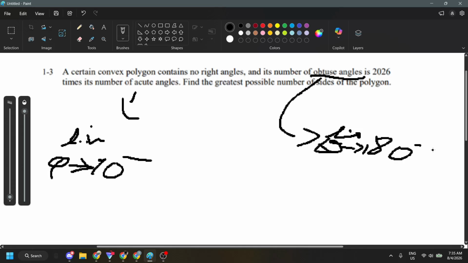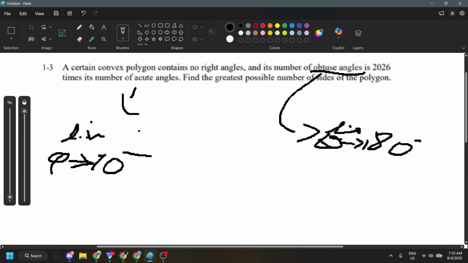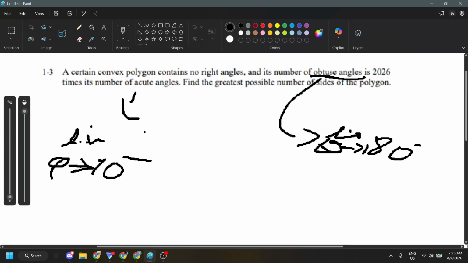So given that we have 2026 obtuse angles and one acute angle, we'd have pretty much a straight line and then one right angle.